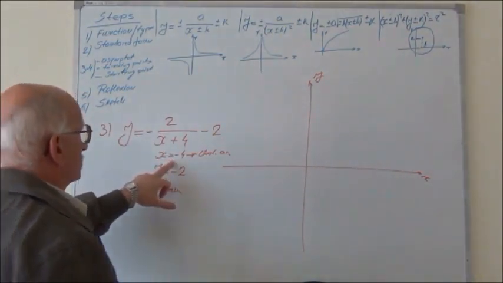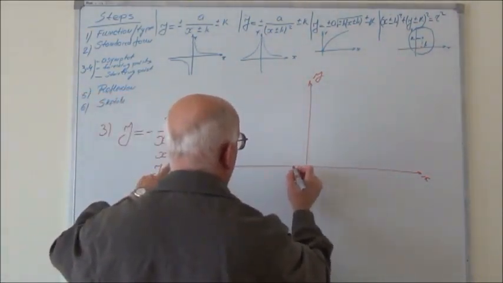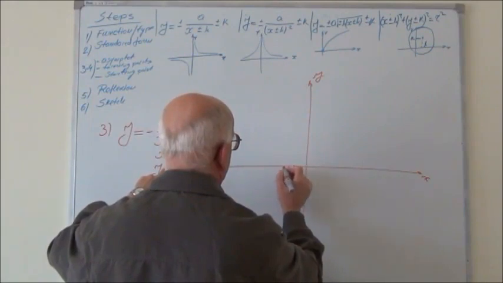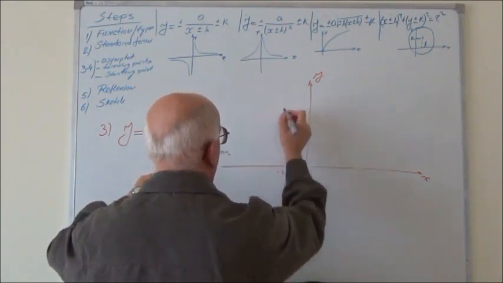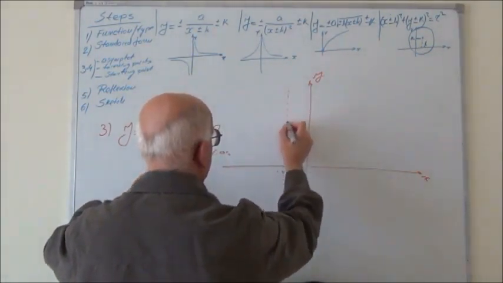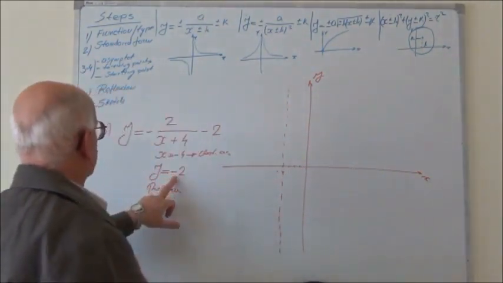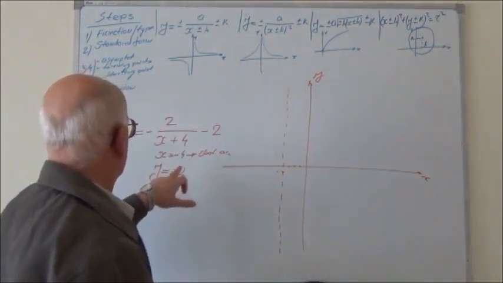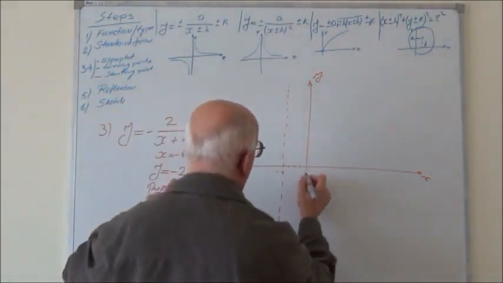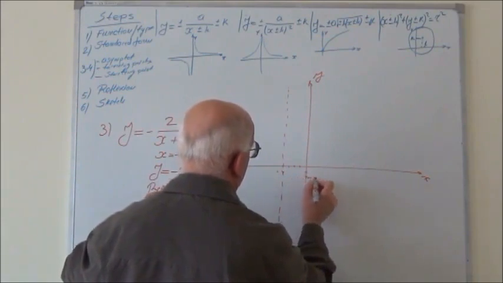Asymptotes: x equal minus 4, so that is the vertical asymptote. Horizontal asymptote, 2 units down, y equal minus 2.